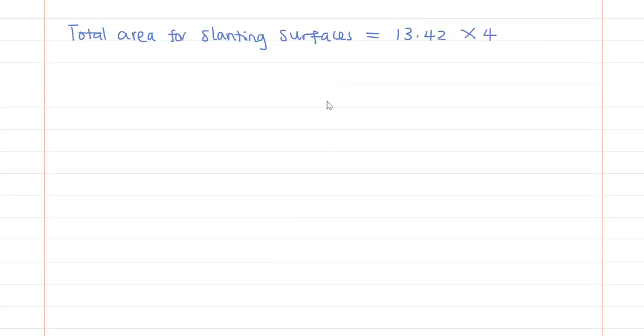So we multiply the surface area of one surface by 4 to give us for all the 4 surfaces, and I'm getting 53.68 centimeters squared. So this is the total area for the slanting surfaces.